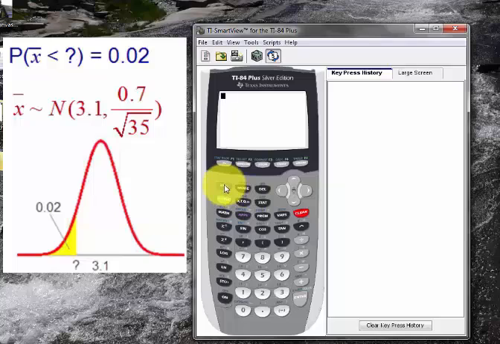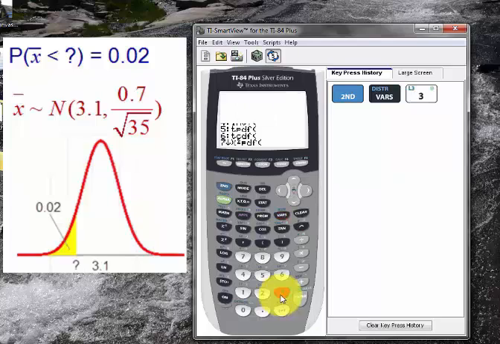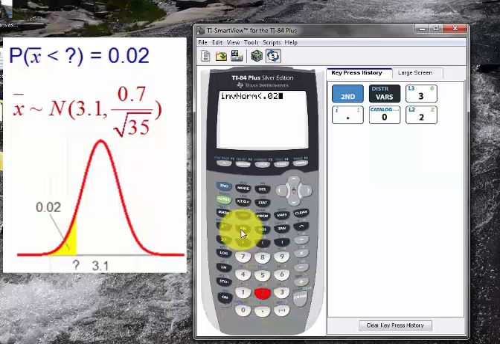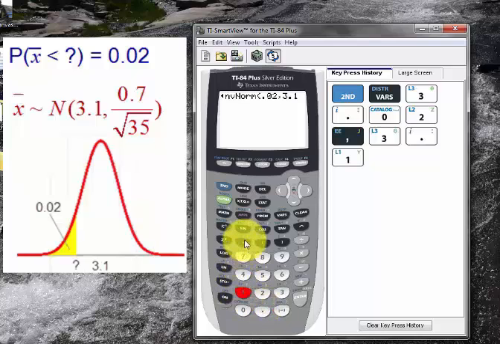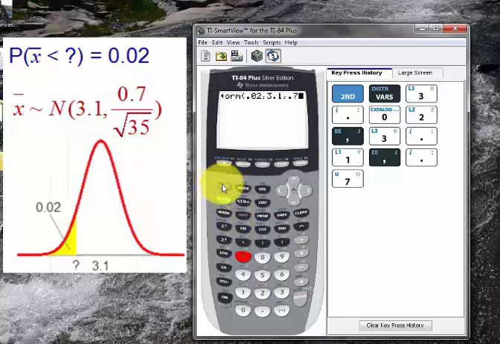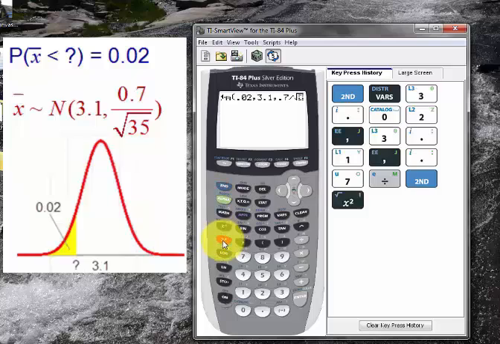Okay, so here's our calculator. I go to second distribution, and I hit 3 for inv norm. And then here we type in the 0.02 first, 0.02 for the second percentile, comma, and then if you remember, our mean was 3.1, comma, and then 0.7 divided by the square root of 35.